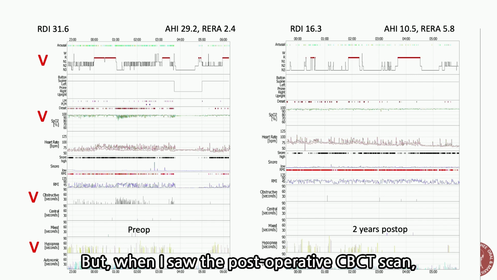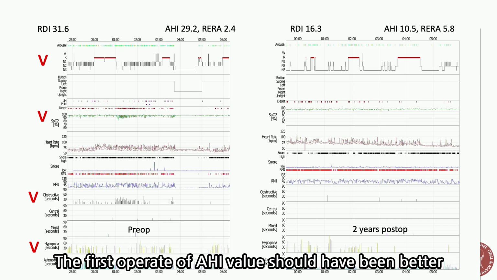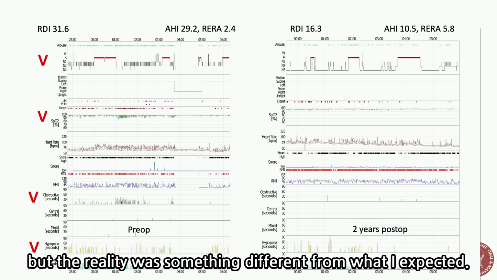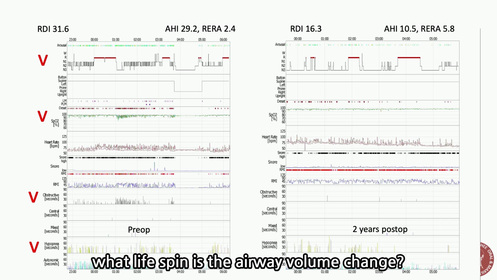But when I saw the post-operative CBCT scan, which shows a really huge regaining of the airway volume, the post-operative AHI value should have been better, but the reality was something different from what I expected. So I had to think about what lies beneath the airway volume change.